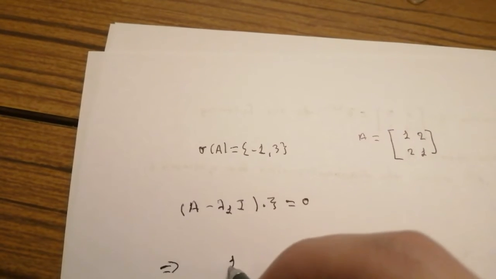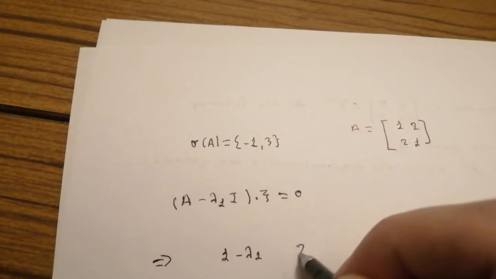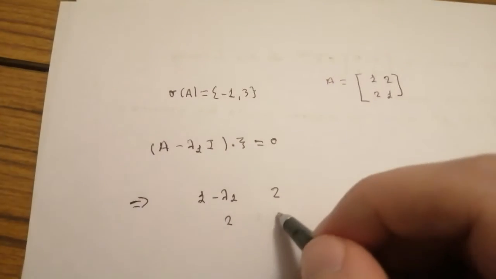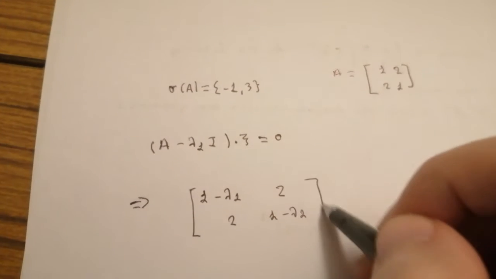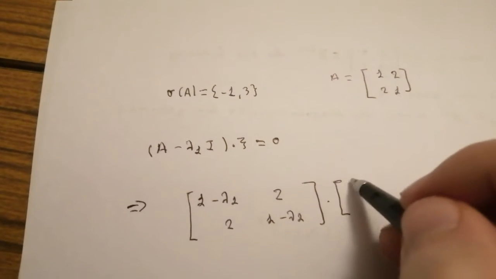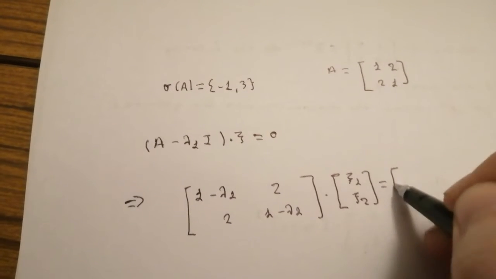So we have 1 minus lambda 1, 2, 2, and 1 minus lambda 1, times xi 1 and xi 2, equal to 0.